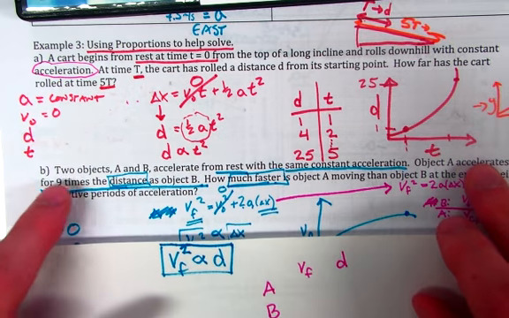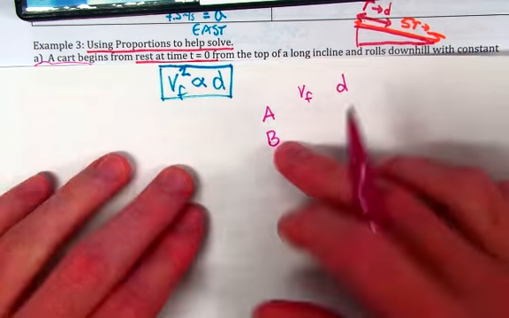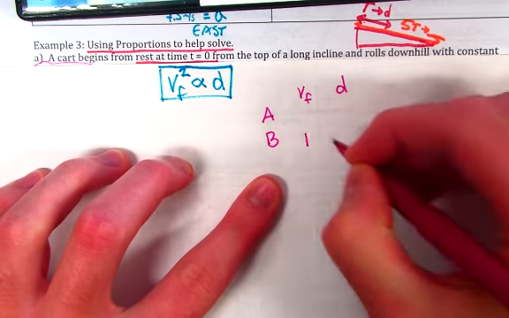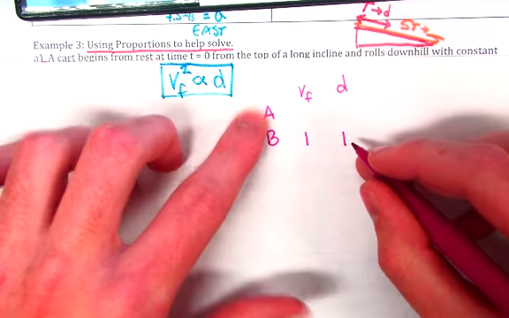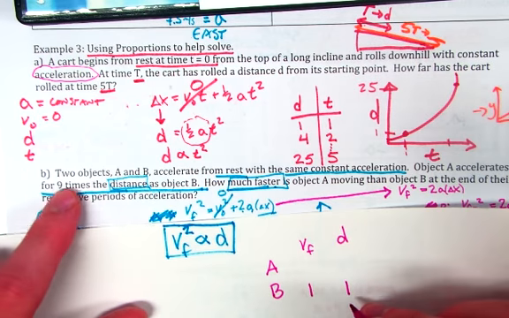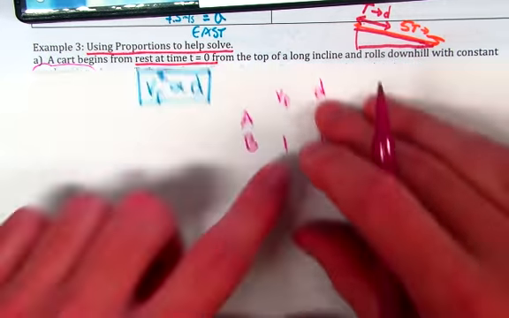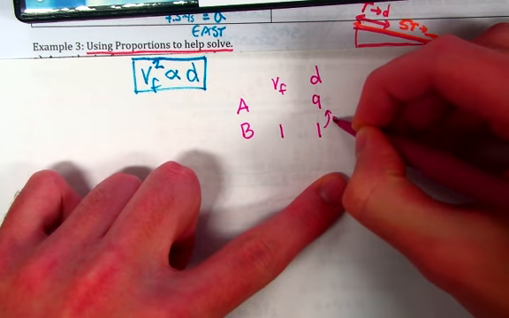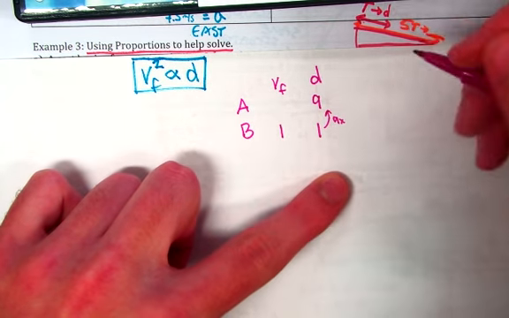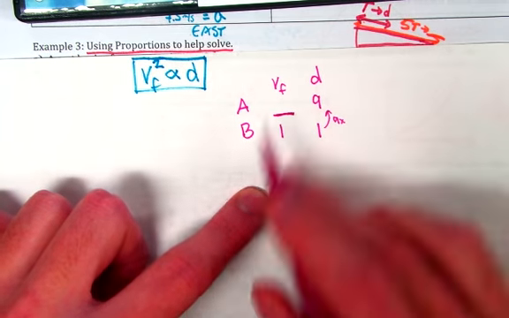Object A accelerates for 9 times the distance of object B. Since our comparison is back to B, I'm going to call B 1 and 1. That way, when we talk about A, it's easy to say 9 times bigger than B, my distance for A is going to be 9, which makes my life a little easier. So the question is, what happens to that velocity?